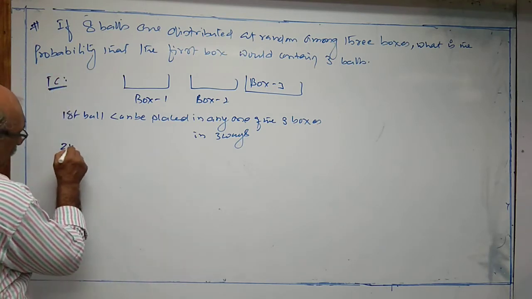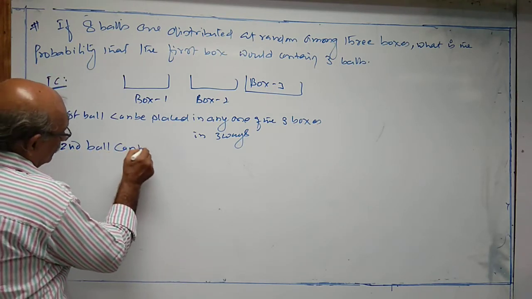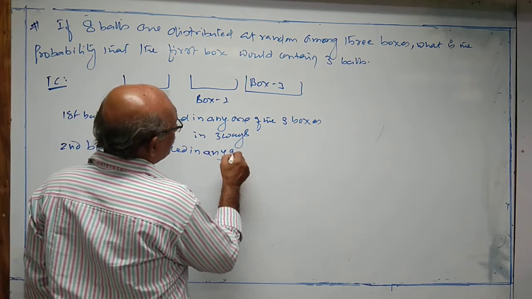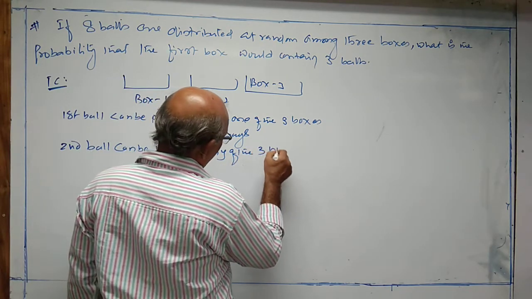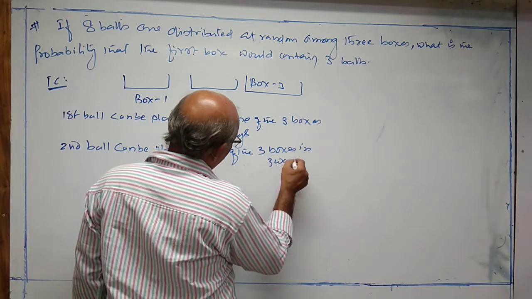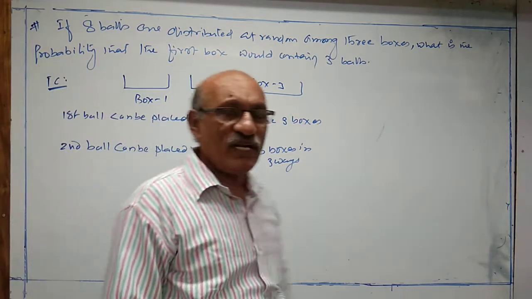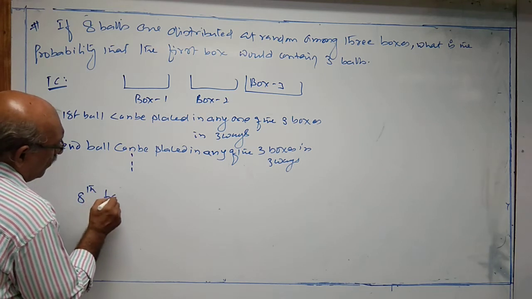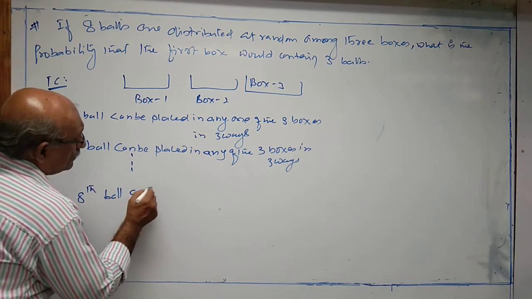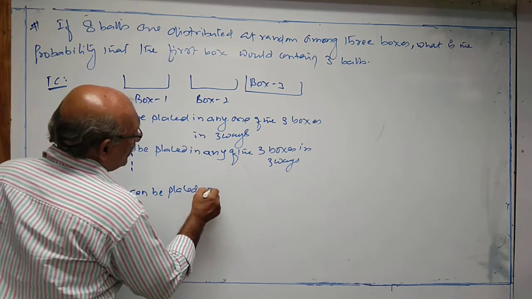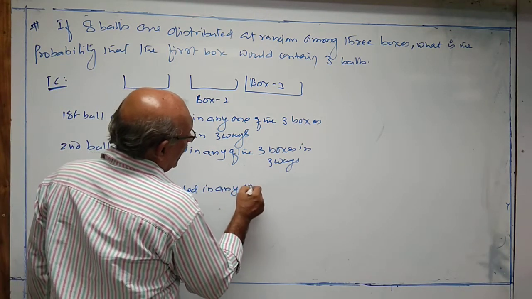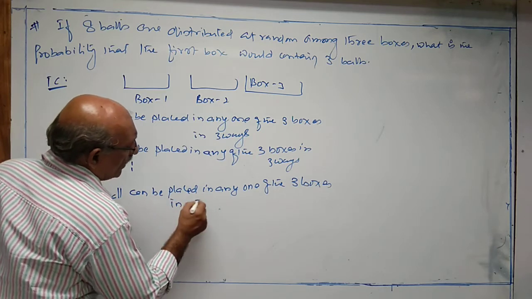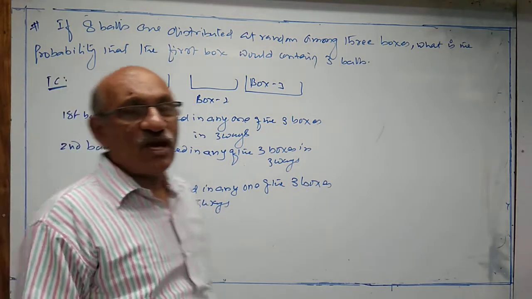The second ball can be placed in any one of the 3 boxes in 3 ways, etc. The eighth ball can be placed in any one of the 3 boxes in 3 ways. So each ball is having 3 options.